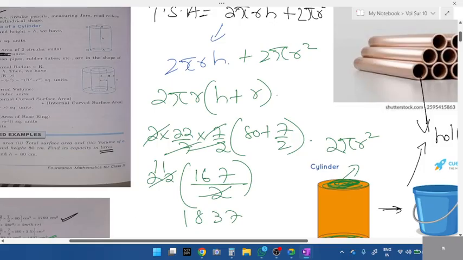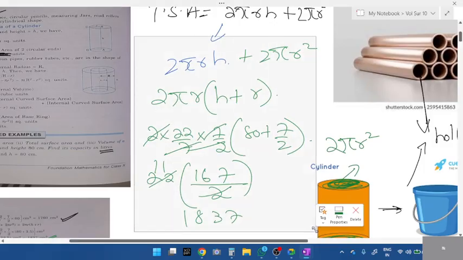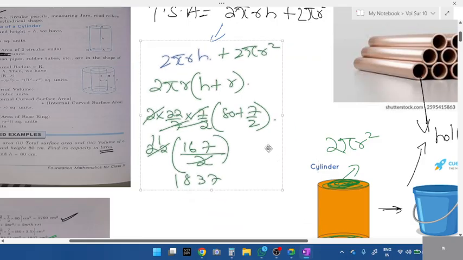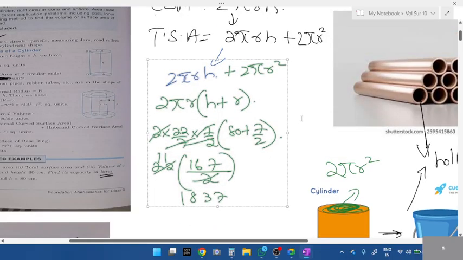Look at the calculation. This is the calculation according to whatever I have taught. Like this. Pi r square, 2 pi r square.